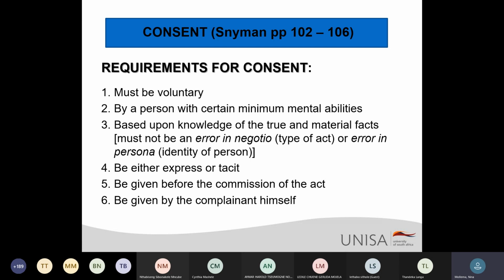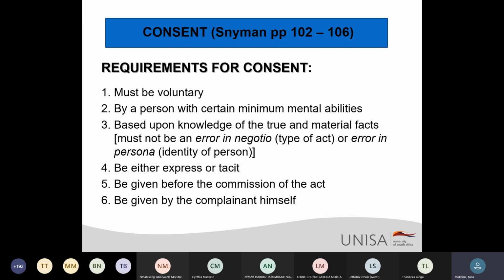You think that this is a certain type of act, and in essence, it is not. I'll illustrate it with rape as well, where the person thinks that the doctor is doing some procedure to help her with her infertility, and all the time he is actually having sexual intercourse with her. So there's a confusion of the type of act.